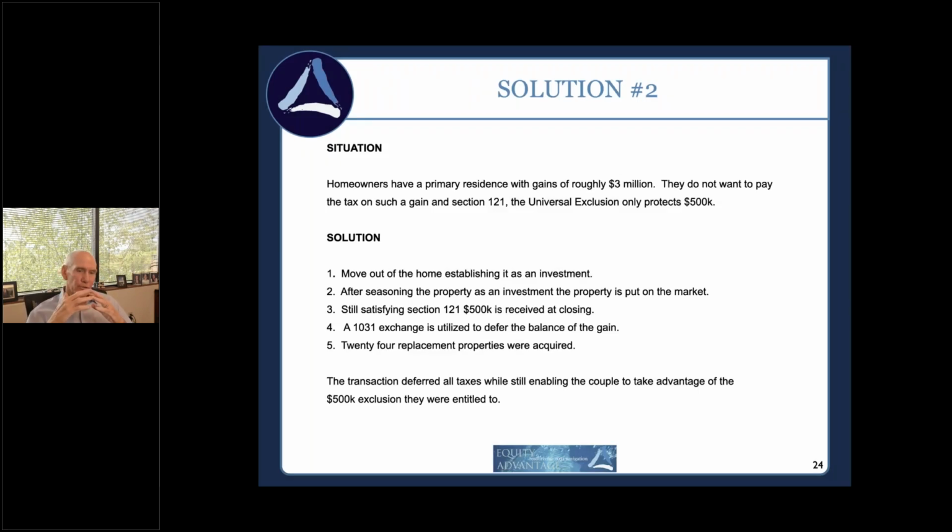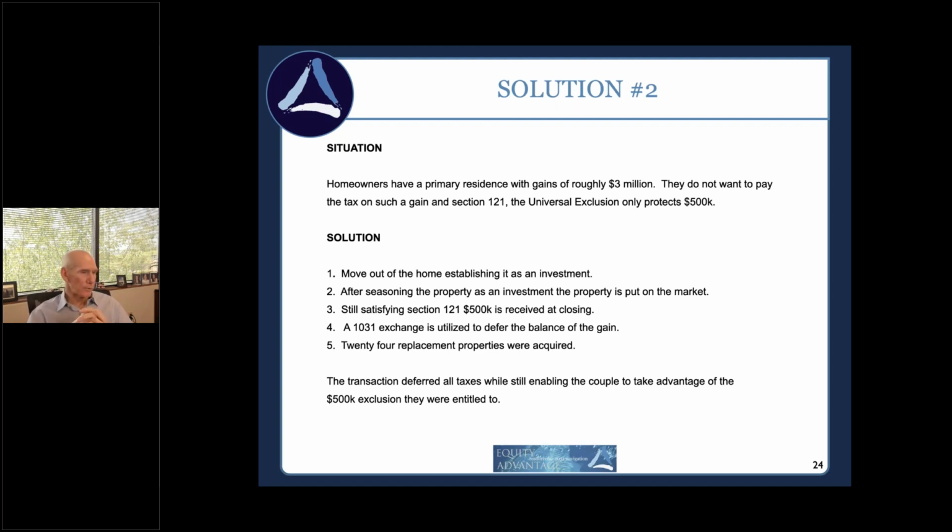So this is a situation where, once again, if you look back at one of the first slides, the 1031-121 slide, what people are selling. Think about Section 121, it came in 97.